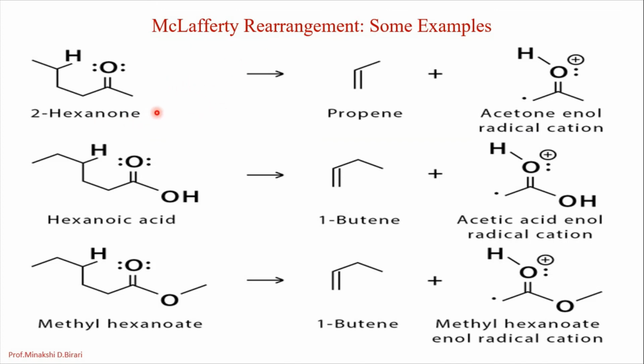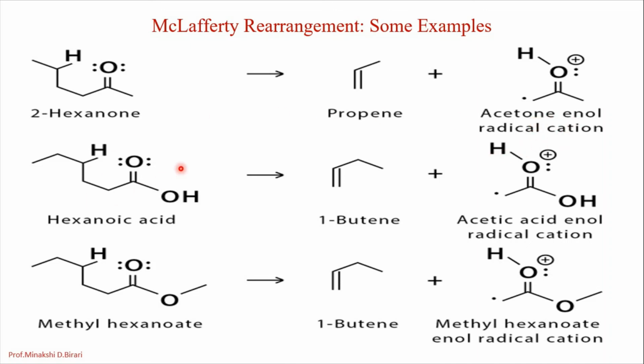Then the next step is the formation of a 6-member transition state, and further the neutral alkene is eliminated with formation of the enol radical cation, which can be detected in the mass spectrometer. So here the acetone enol radical cation is formed, and that peak can be observed in the mass spectrum.